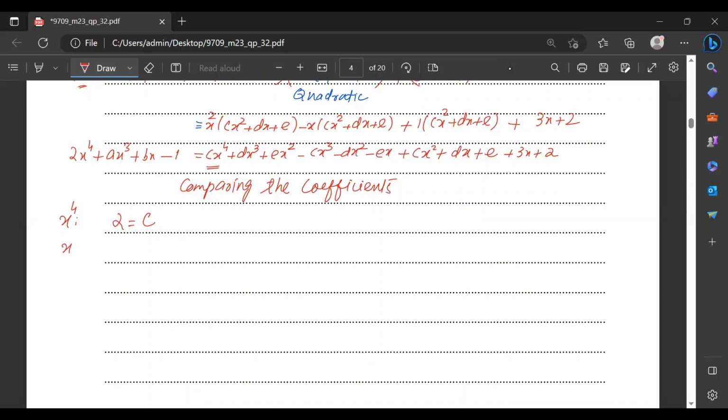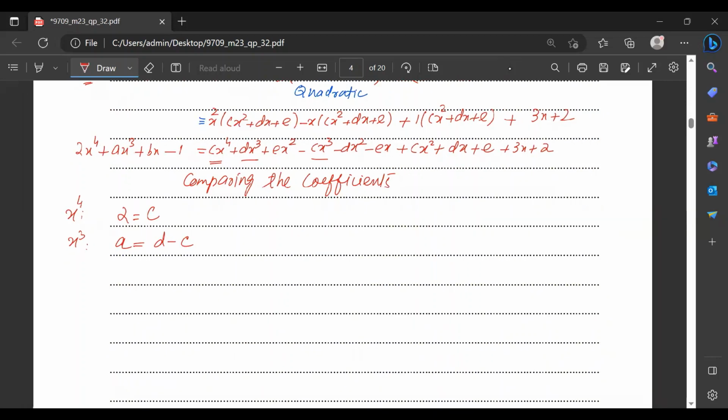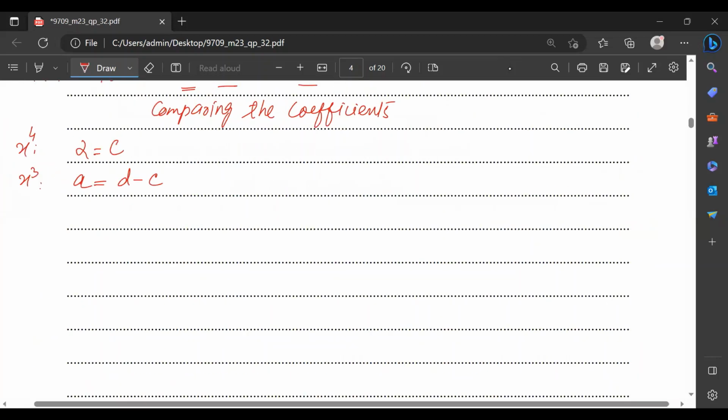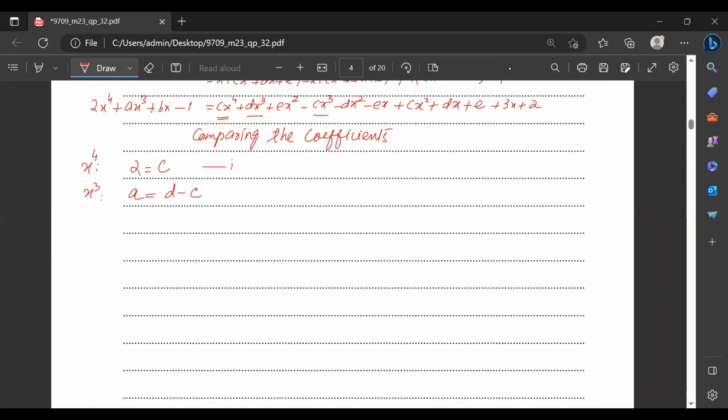Compare x^3 on both sides: a is equal to... there are two terms in x^3 on the right hand side, so d minus c. As we have the value of c, a equals d minus 2, and you can mark this as number 2.